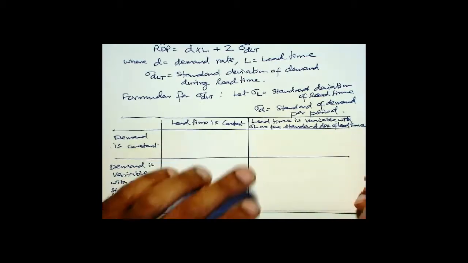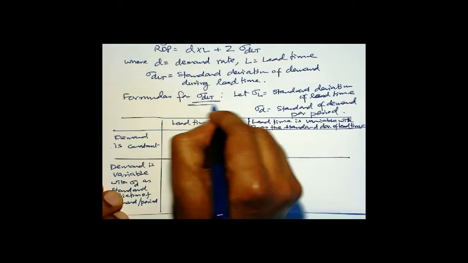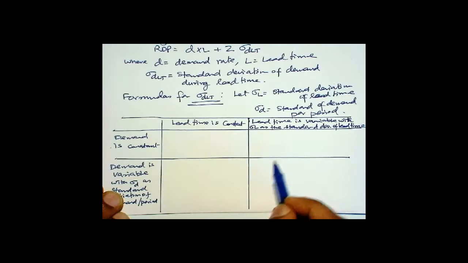So how many days? The lead time is 3 days with the standard deviation as 0.5 days or something like that. Okay. Now, what is the formula for sigma sub DLT in each of these cases? Okay. That's what we are after.